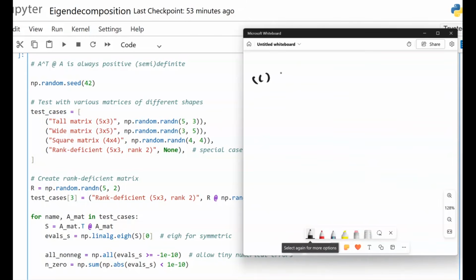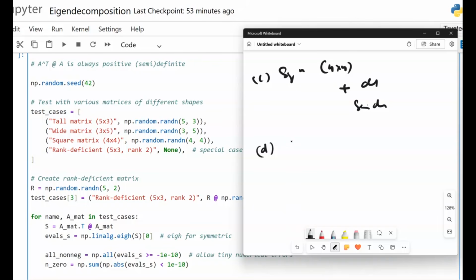Next, the case of a square matrix. Yes, it is a 4 by 4 matrix, and if it is full rank, it would be positive definite, or otherwise it would be semi-definite. So kindly just keep it in mind. And the last case is the rank deficient matrix.